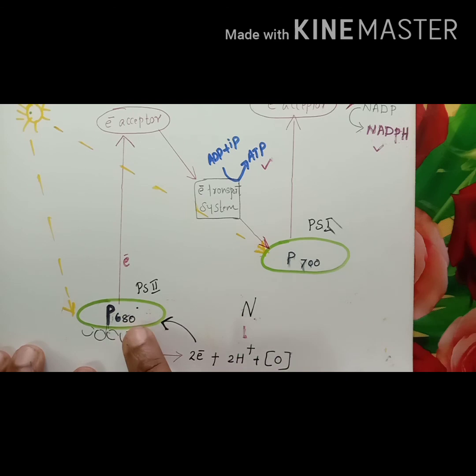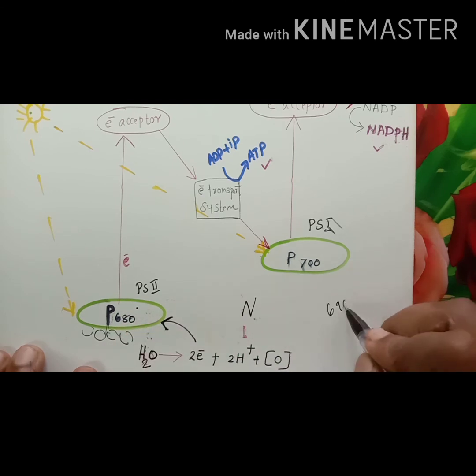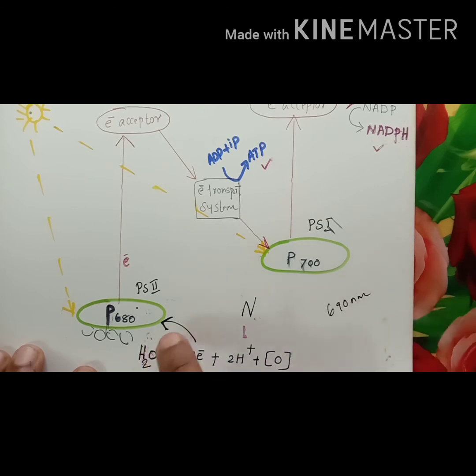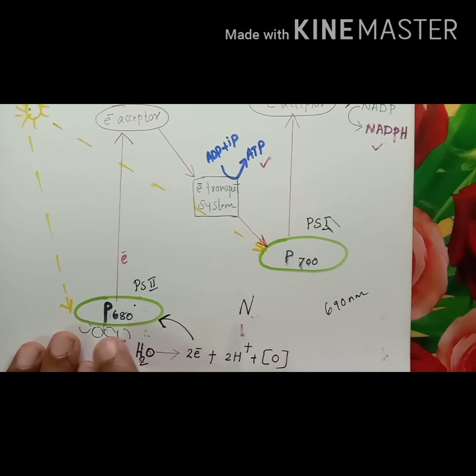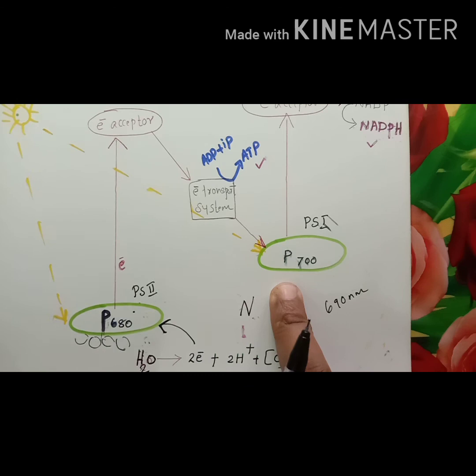This P680 cannot be excited, isn't it? Suppose the 690 nanometer wavelength of sunlight is coming. What happens in this grana thylakoid? This pigment system cannot become excited because it can absorb only 680 nanometer. So who becomes excited? Automatically pigment system 1 becomes excited.